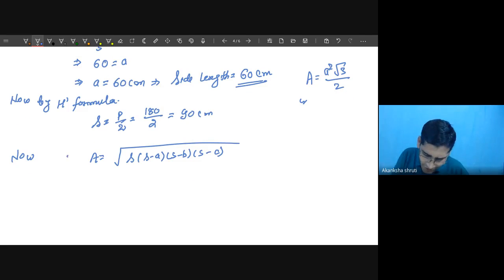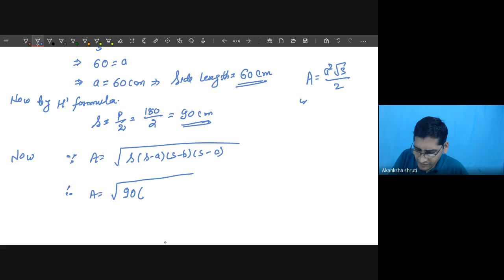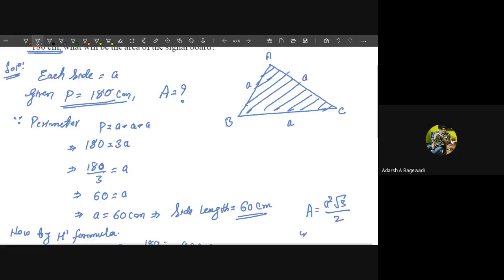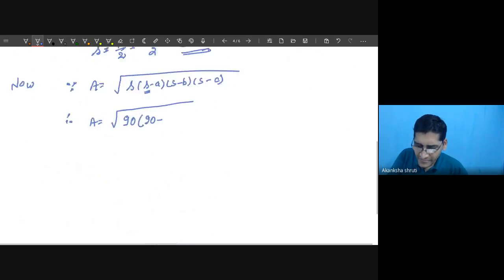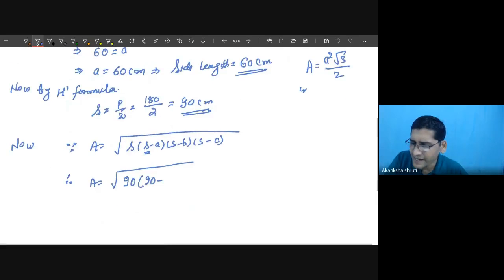Since area is obtained by this, in this case the S that we have obtained is 90. I can keep 90 here. Now S minus A: 90 minus, what is A? A is one of the sides that we have calculated as 60.